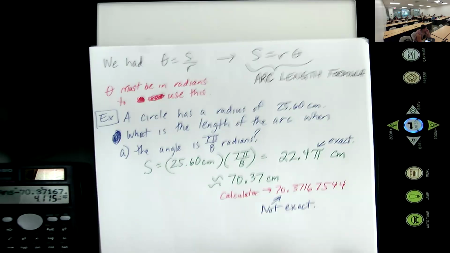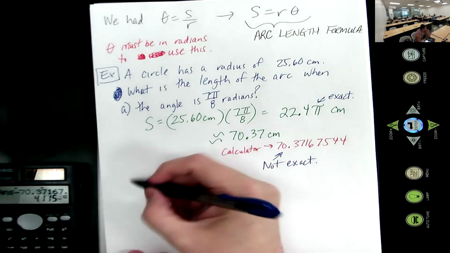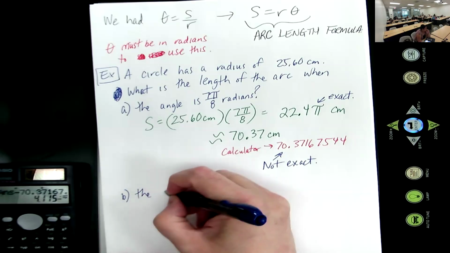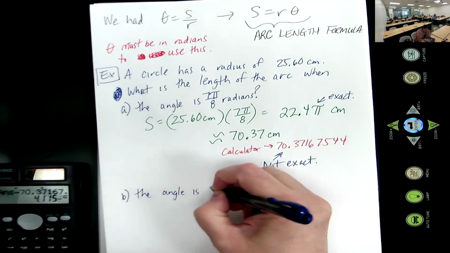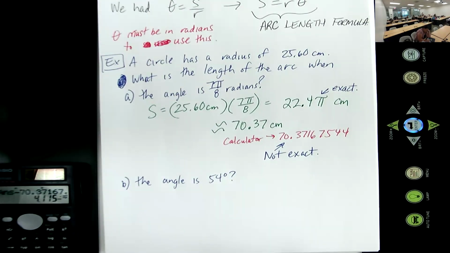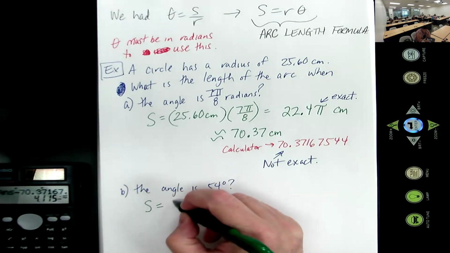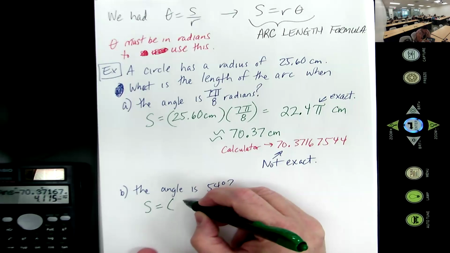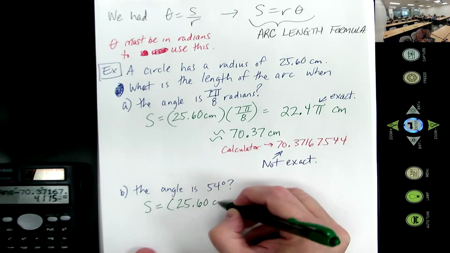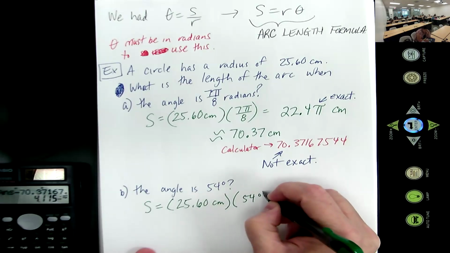All right, so what would I do if the angle is 54 degrees? If I go down the same path, R is 25.60 centimeters and theta is 54 degrees.